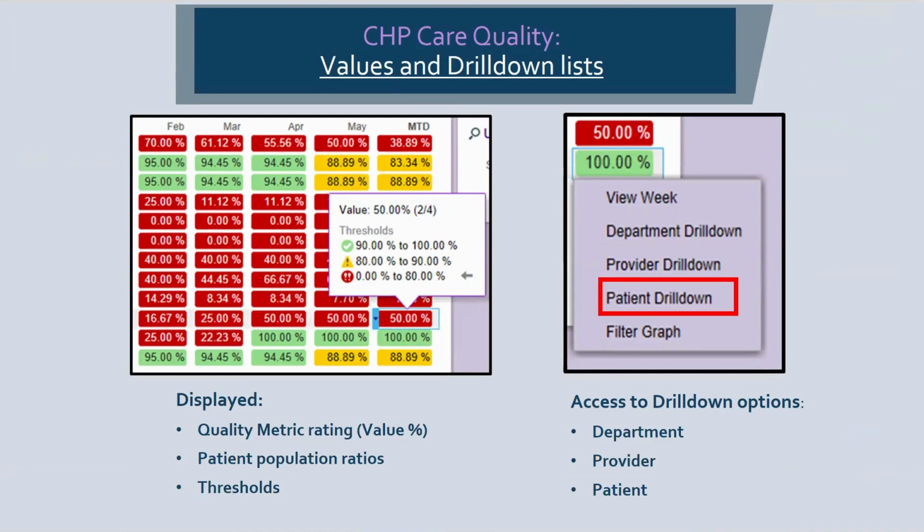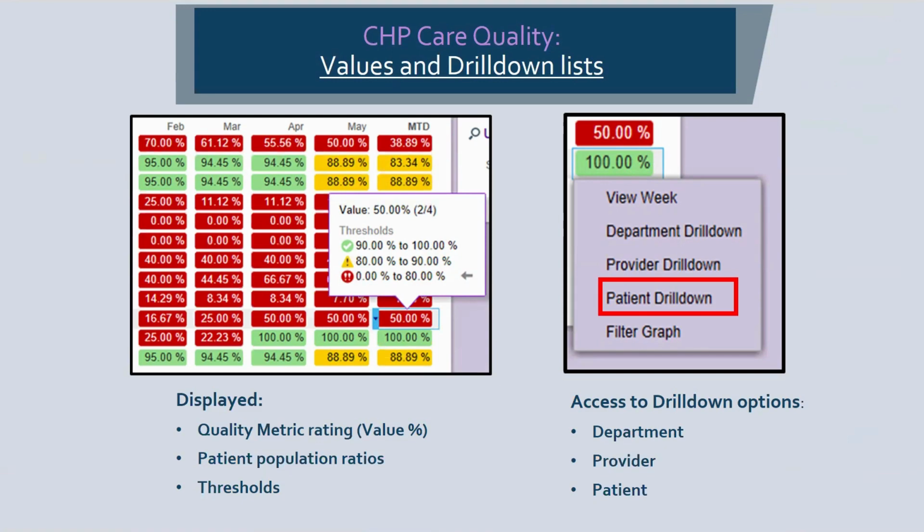In the MPM's diabetic and general metrics section, you will see colored values displayed for the current quarter months with a final month-to-date column on the far right. These values are the quality metrics percentage ratings. By hovering over a colored value, a few more details will pop up.